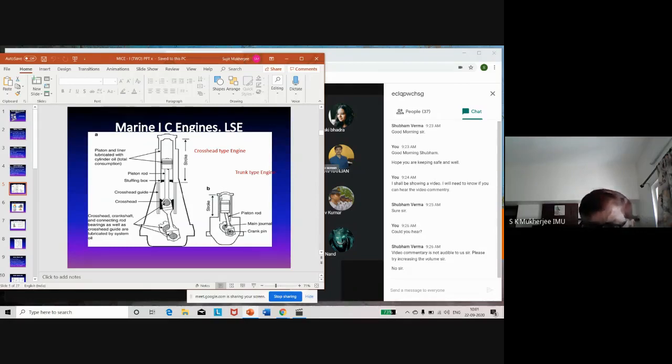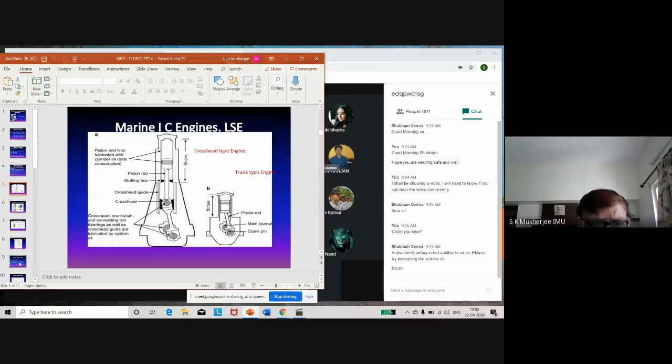This trunk type of engine can be two-stroke or four-stroke, so don't block your mind about two-stroke being only a crosshead type of engine. But trunk type engines for two-stroke are very rare. They have existed, mostly on two-stroke petrol engines. Small trunk type diesel engines are very rare. Okay, so let's move on to where we left off.